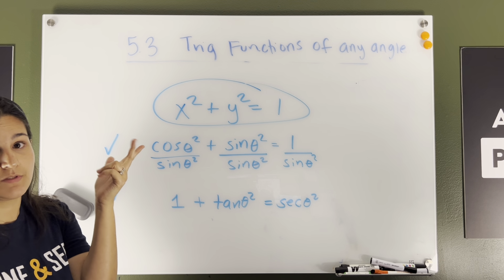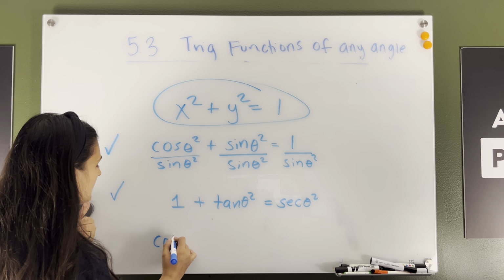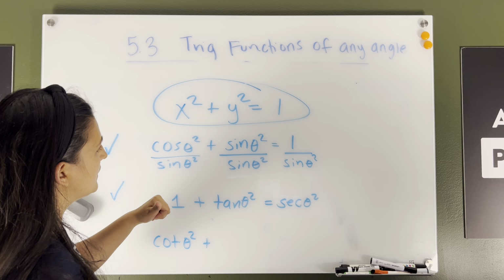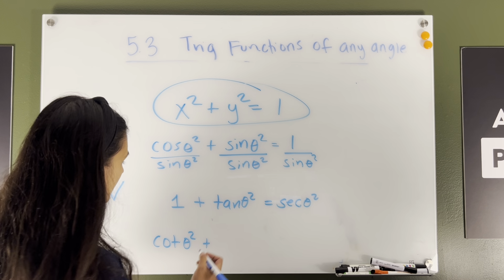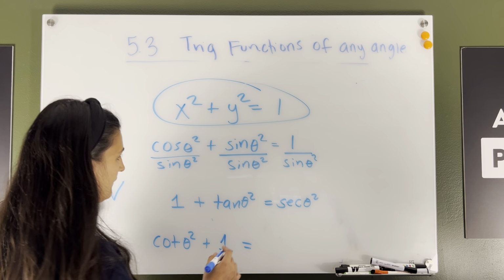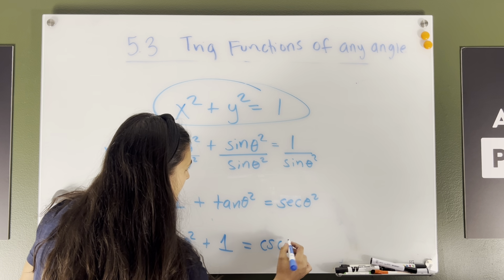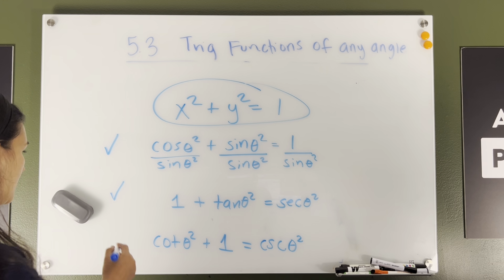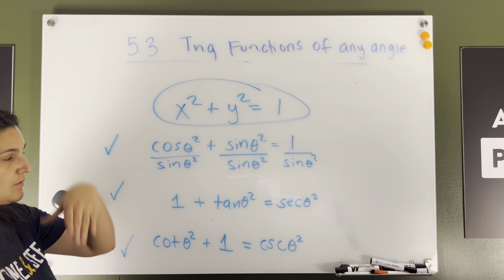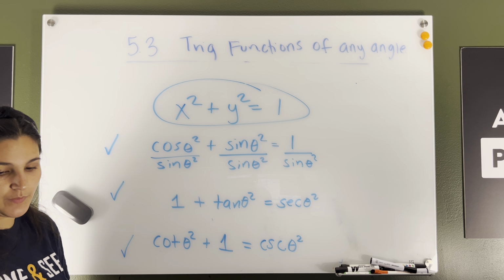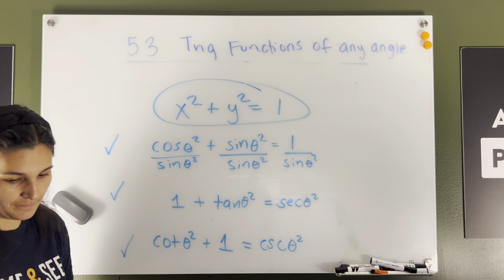The opposite of tangent, which is cotangent theta. Here, sine theta squared divided by itself is 1. And here, what is 1 divided by sine? Cosecant. And then, of course, it's squared because the sine is squared. Okay, so those are your 3 trig identities going all the way back to x squared plus y squared equals 1. The radius of a unit circle is 1.